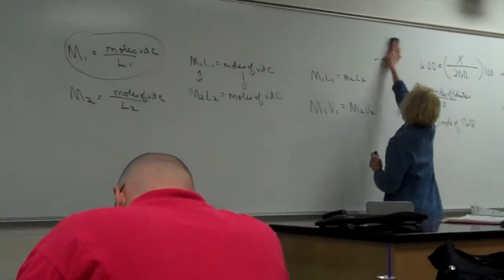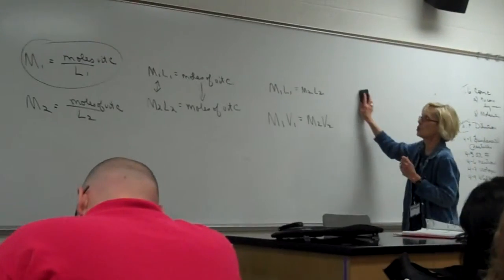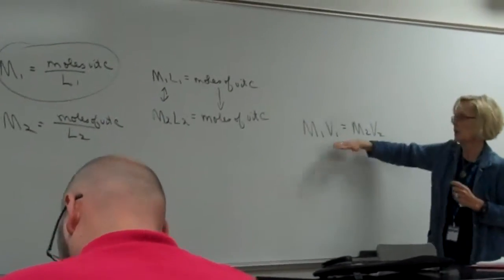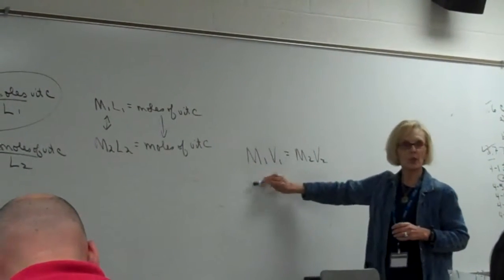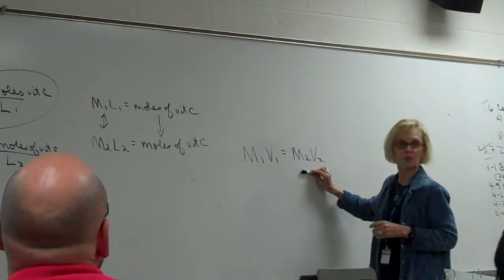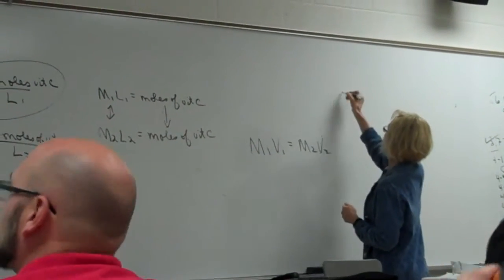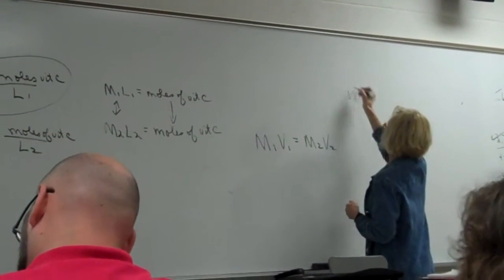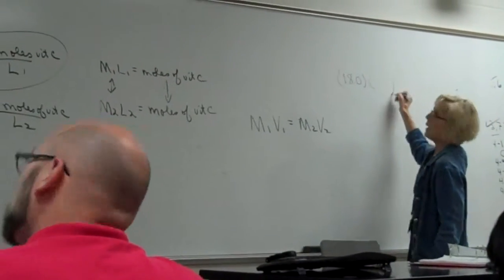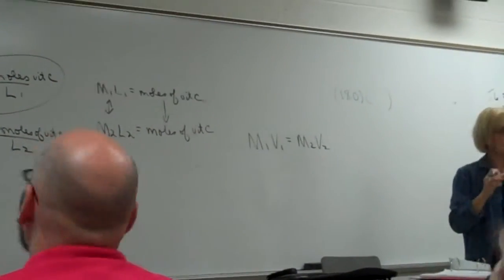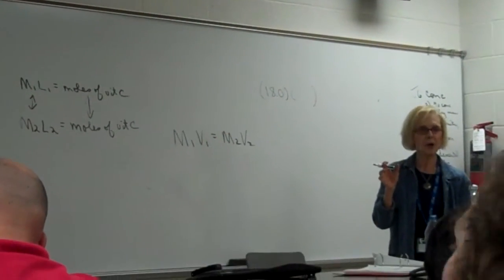When I look at that, I see the molarity, but because I see 2 molarities, I know we're talking dilution. So this is your initial stuff, this is your final stuff. Our initial molarity is 18.0. Now, our initial volume, that's what we need to know, because it says how many mils of that 18 molar.